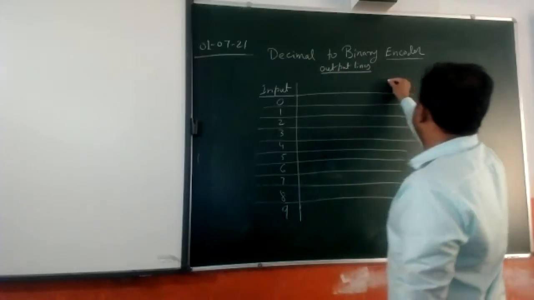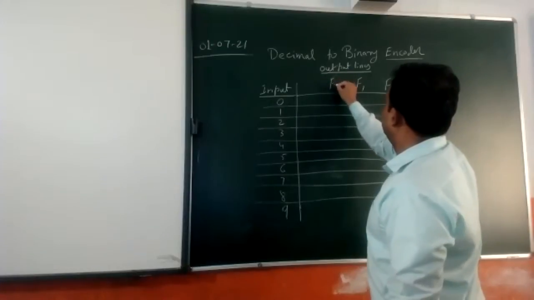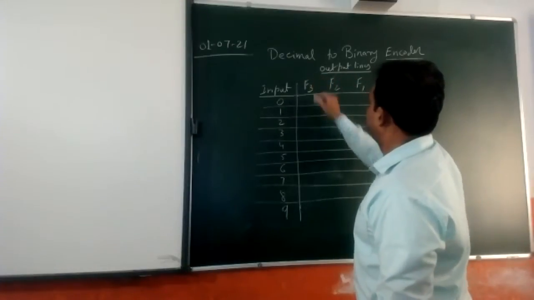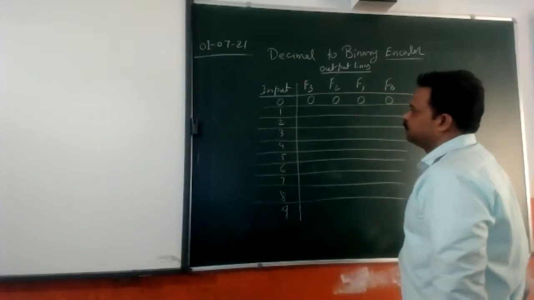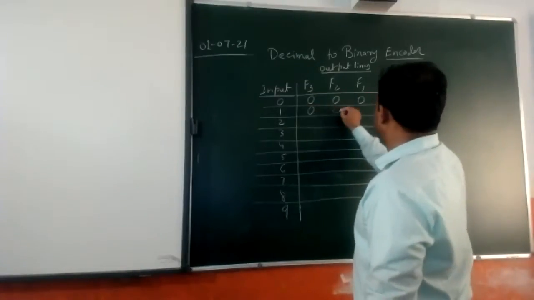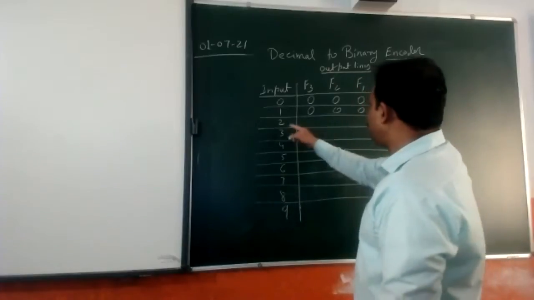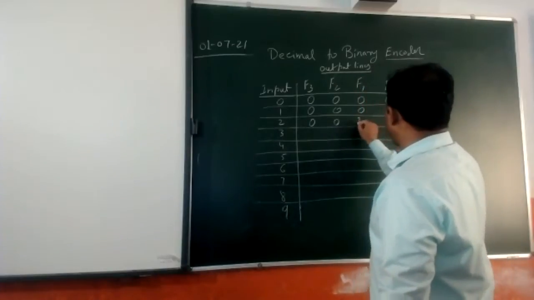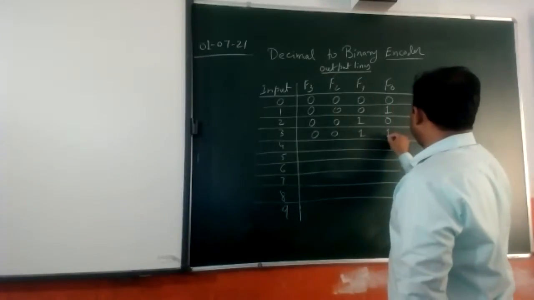Output lines: 0 I can write 0, 0, 0, 0. 1 I can write 0, 0, 0, 1. In binary, 2 I can write 0, 0, 1, 0.